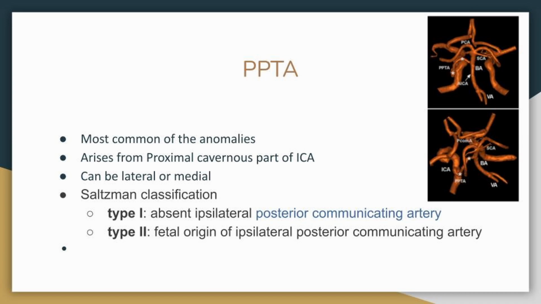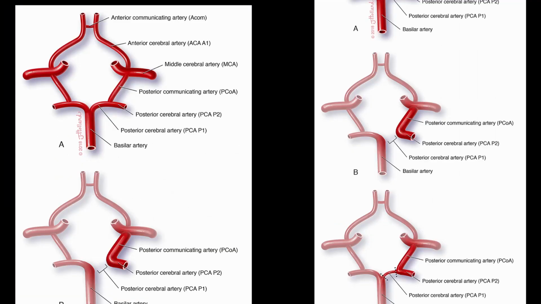And then you have type 2, that is a condition where there is a fetal origin of the ipsilateral posterior communicating artery. So the next question is, what is the fetal origin of the posterior communicating artery? See, generally the anterior circulation and posterior circulation are self-sufficient. The cross flow is not necessary. But in case of a fetal posterior communicating artery, the P1 segment of the PCA is very narrow.